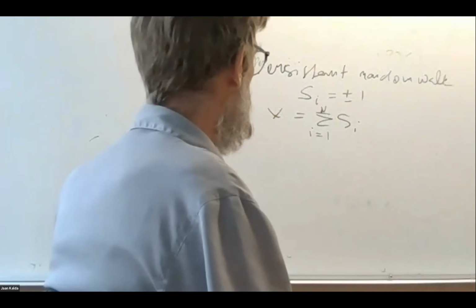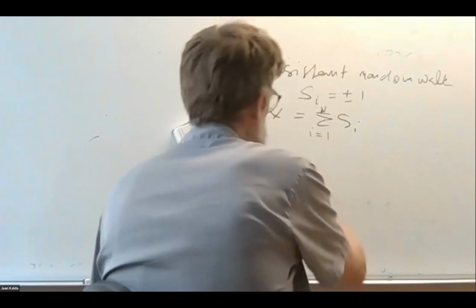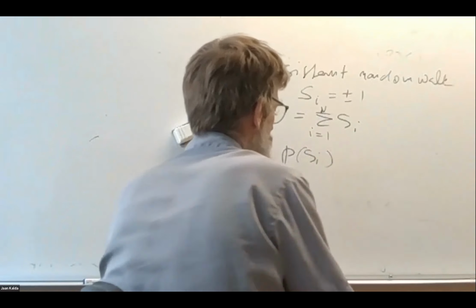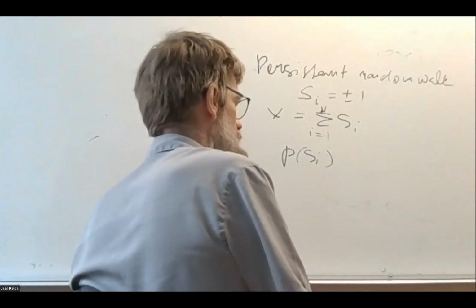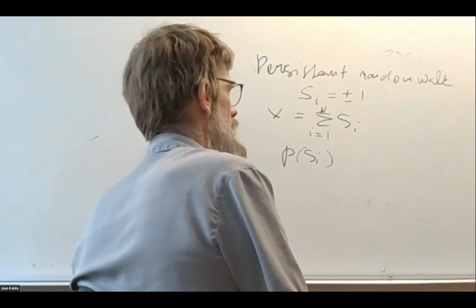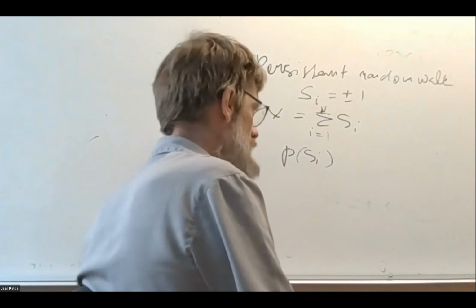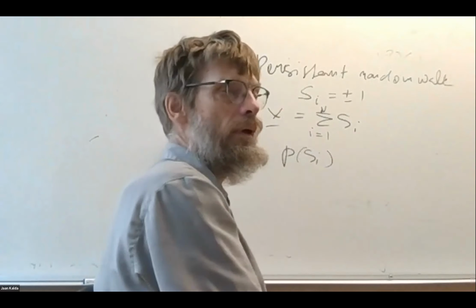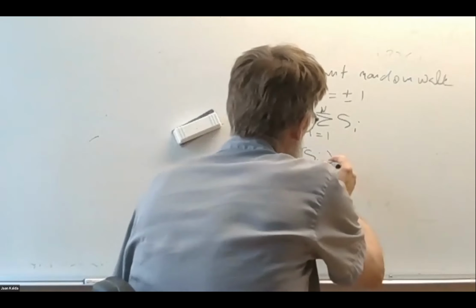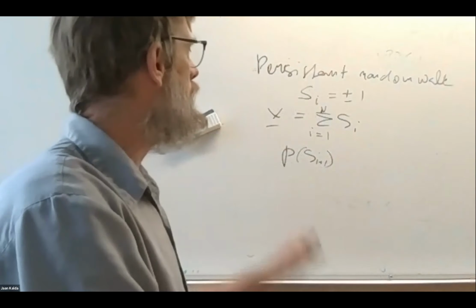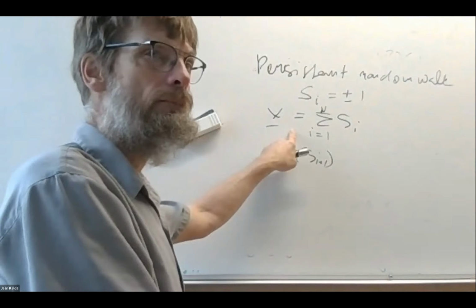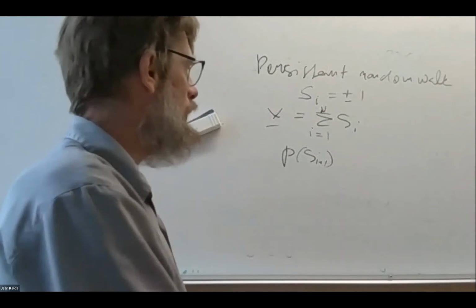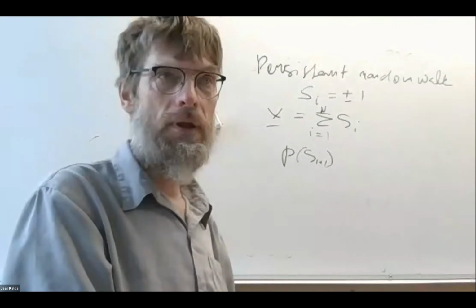But now we say that the probability of S_{i+1} depends on the value of X. The probability of the next step depends on X, and actually not only X, but also previous steps.